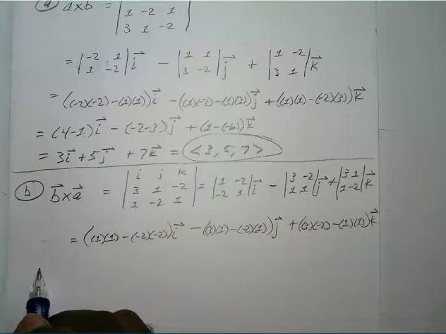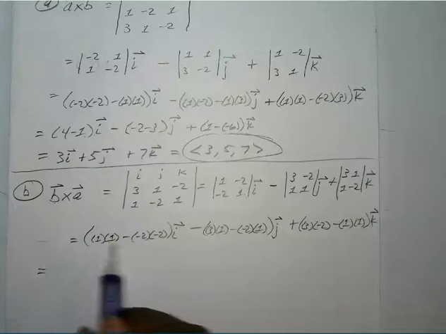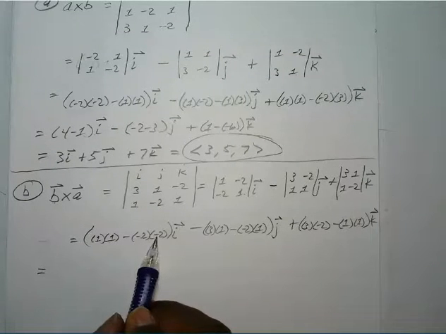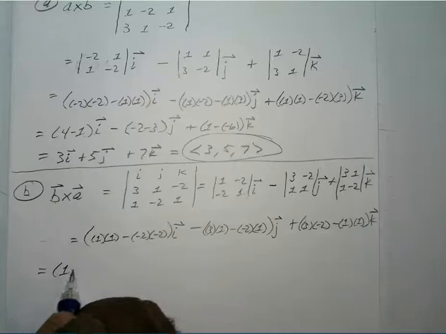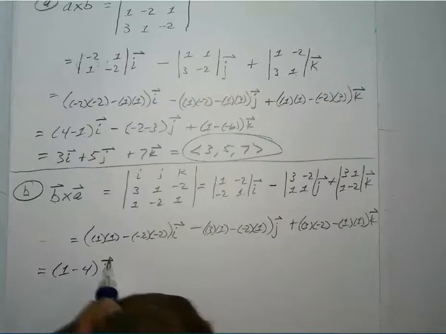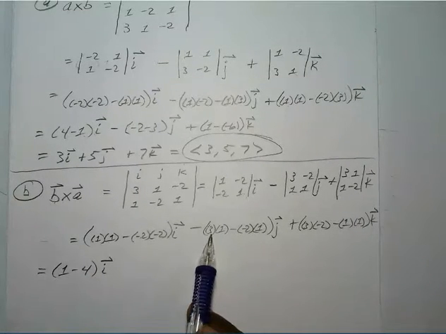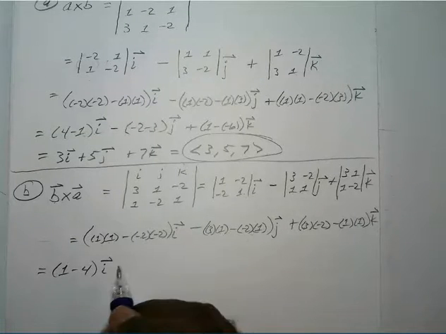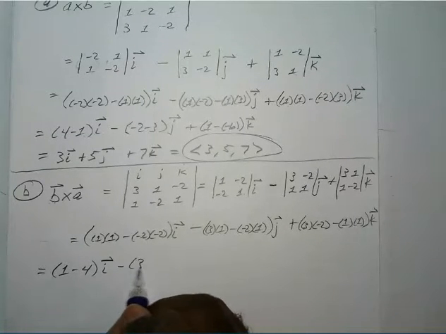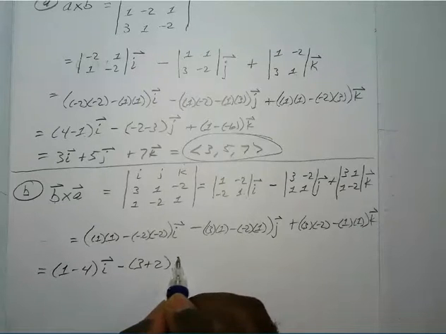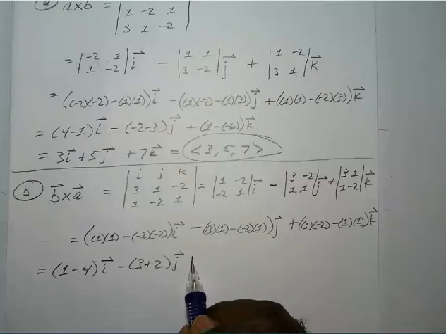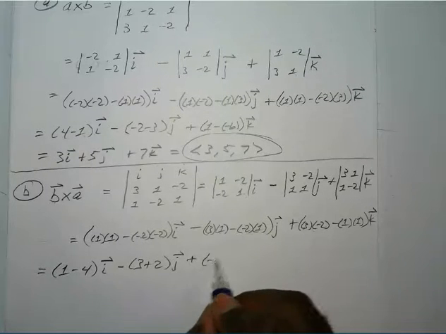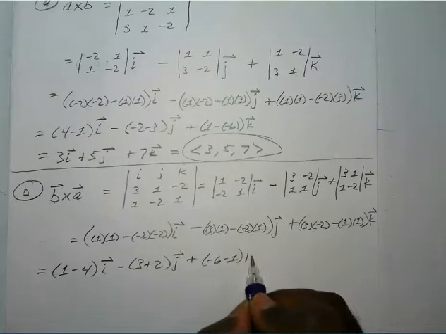Okay, so if we go ahead and calculate that, that'll be 1 minus, well, this is negative and negative is positive, so that's 1 minus 4 times your i vector, minus 3 plus 2 times your j vector, plus -6 minus 1 times your k vector.